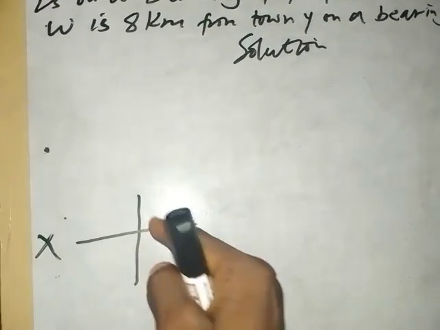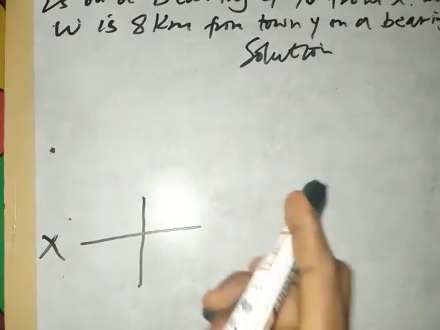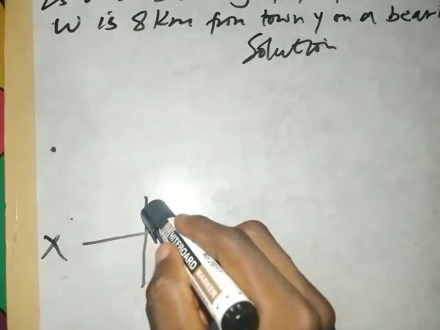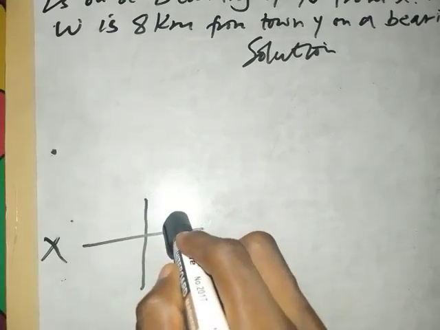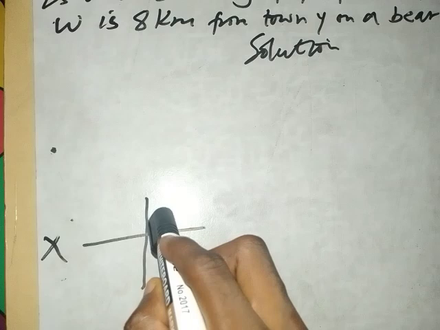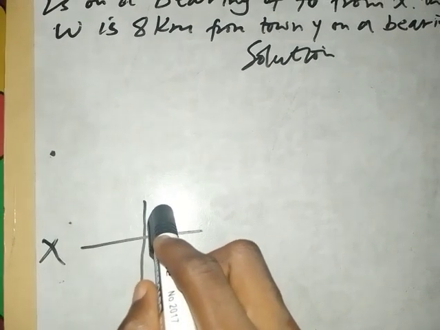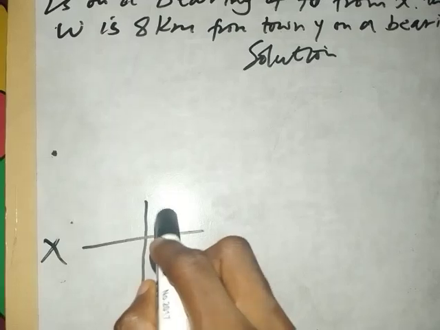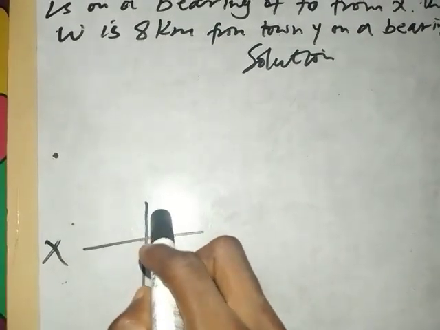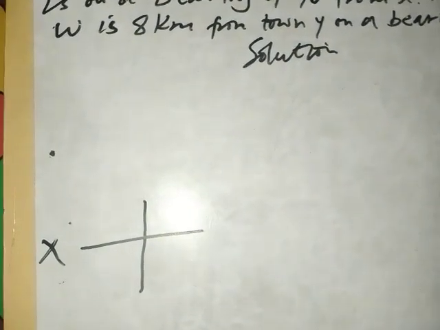So if this angle is 90, you are going to fish out 70 degrees from here. That means the other side, which is 70, will be bigger than the other side. Remember the total angle here in the right angle is 90 degrees.